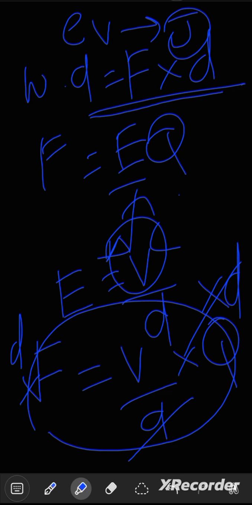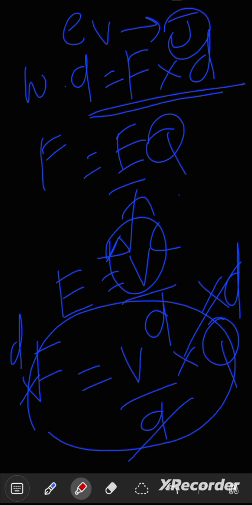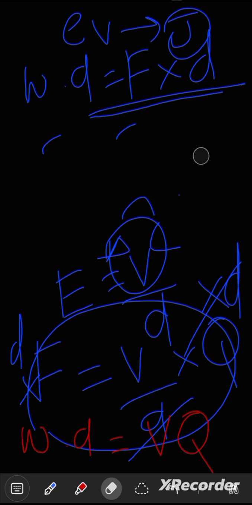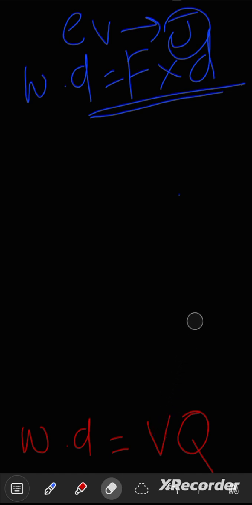And instead of F times D, let me take a different color, it's just getting confusing otherwise. I can write work done is equal to VQ. That's right. Work done is equal to VQ. Now you can see over here, remember in the very beginning I said that even though electron volt is something that we define as a standard, it is pretty much derived, right?